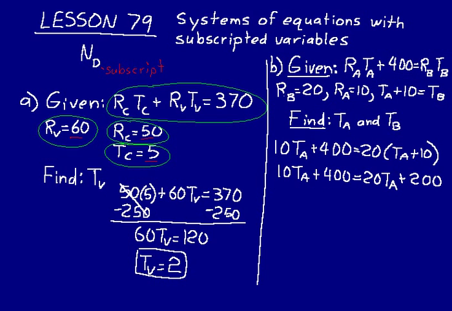Now let's simplify this using our addition rule. Let's subtract 200 from both sides and cancel that. While we're at it, let's subtract 10 TA from both sides.